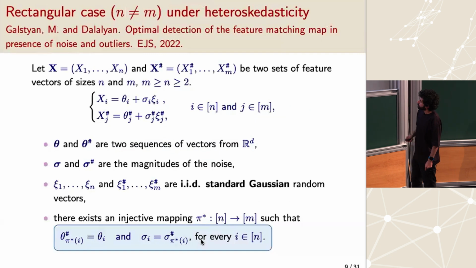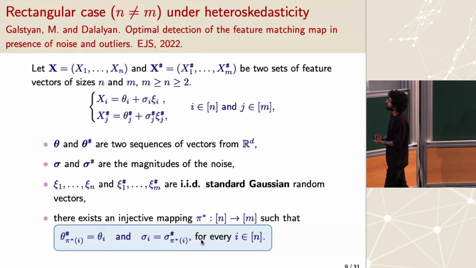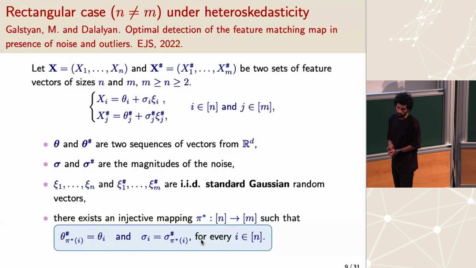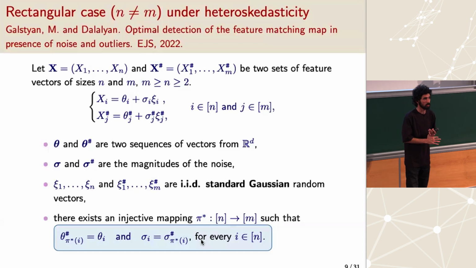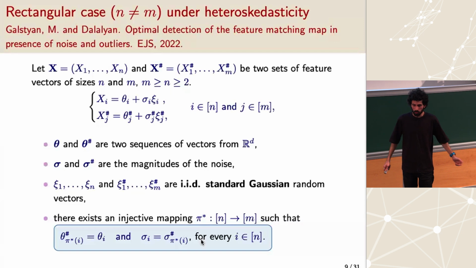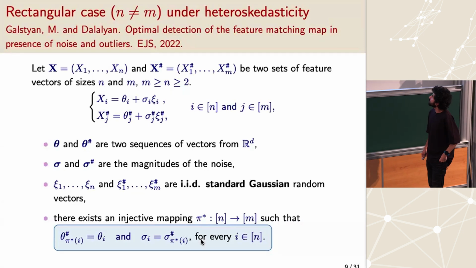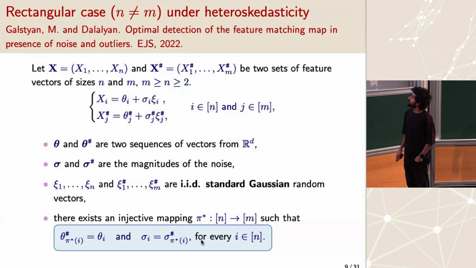All right. So going forward, we consider the rectangular case where we have a different number of observations in each set. The problem is the same, and here we also consider the case when the sigmas might be different.